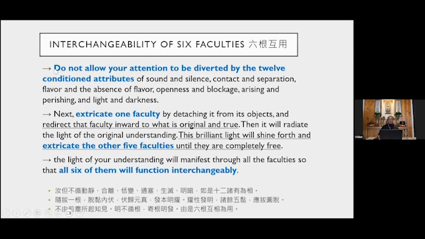Okay. Now, Buddha's guidance, how to practice this. Do not allow your attention to be diverted by the 12 conditioned attributes of sound, silence, and so on. Next, extricate one faculty and redirect that faculty inward to what is original and true.